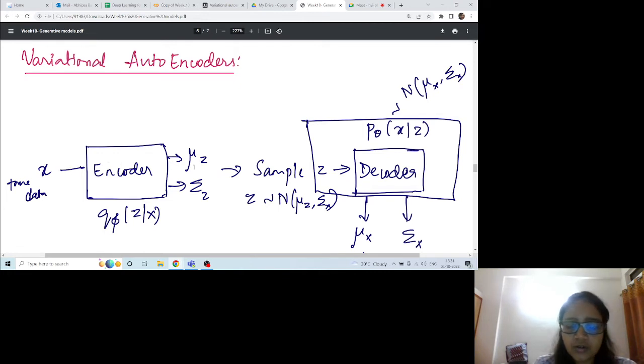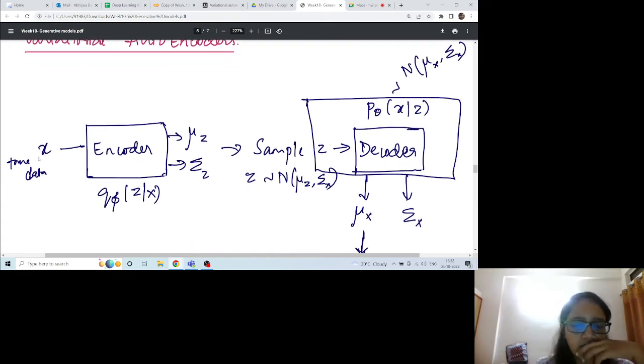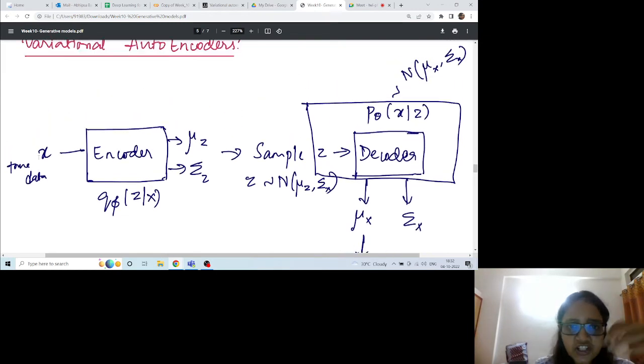That was the function of autoencoders: you learn some latent feature for a given input X such that from the feature you can reconstruct the image back. That was autoencoders. So what is variational autoencoders?